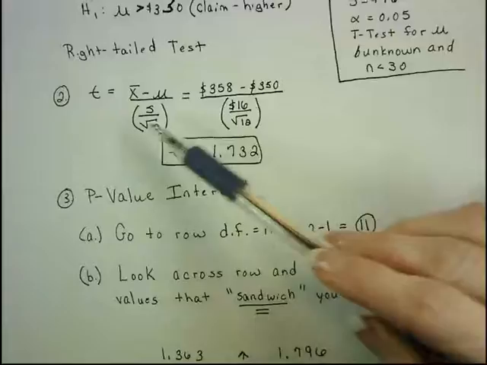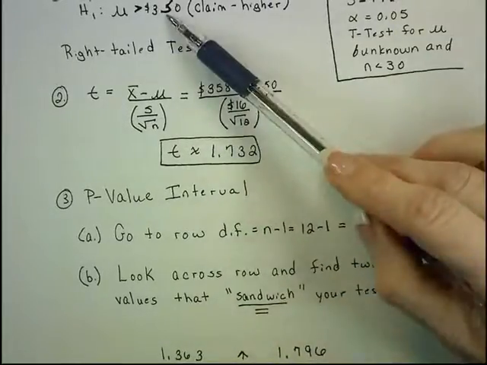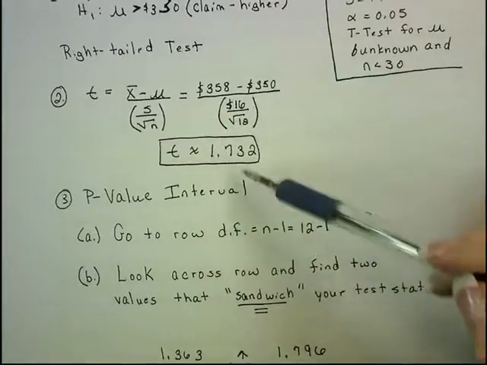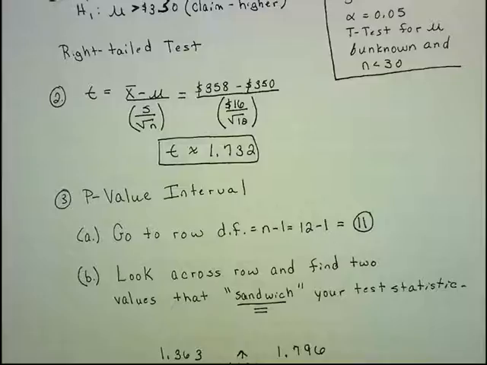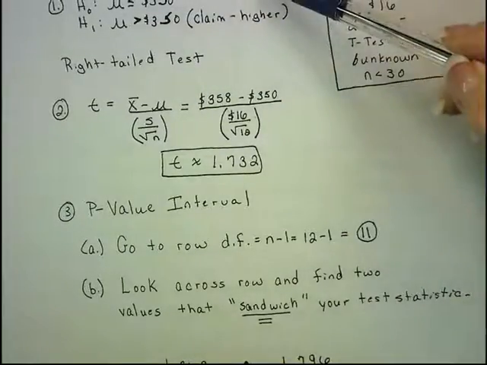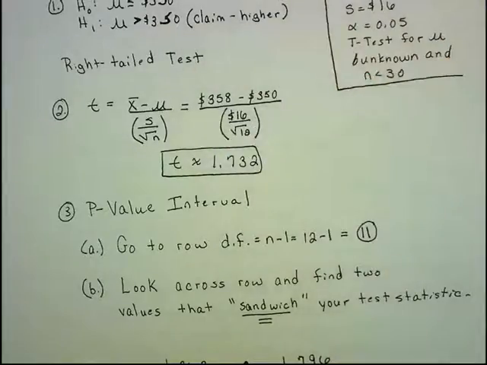For the test statistic, the 358 is the sample mean minus the claim above of 350. s is the sample standard deviation divided by the square root of 12. You get 1.732. And remember, we didn't find critical values because this is the p-value method. So we jumped from step 1 to step 2, finding the test statistic.